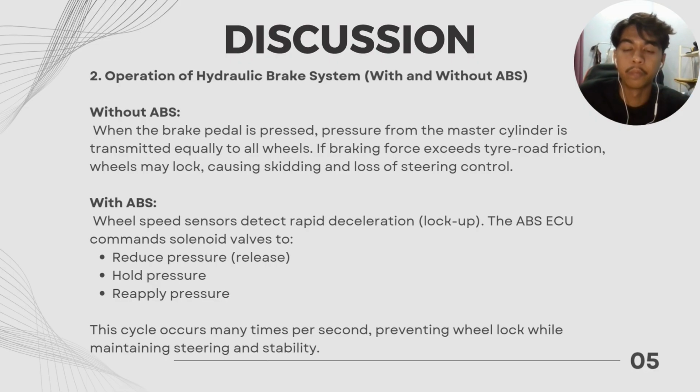And with ABS, the wheel speed sensor detects rapid deceleration and lock-up, and the ABS ECU commands the solenoid valve to reduce pressure, to hold pressure, and to reapply pressure. This cycle occurs many times per second, preventing wheel lock while maintaining steering and stability.